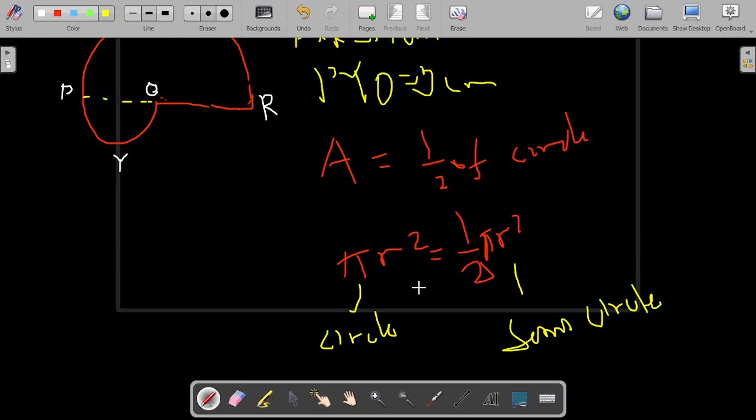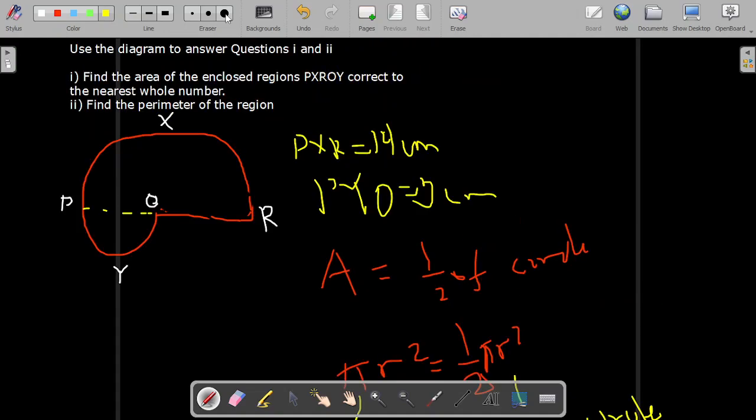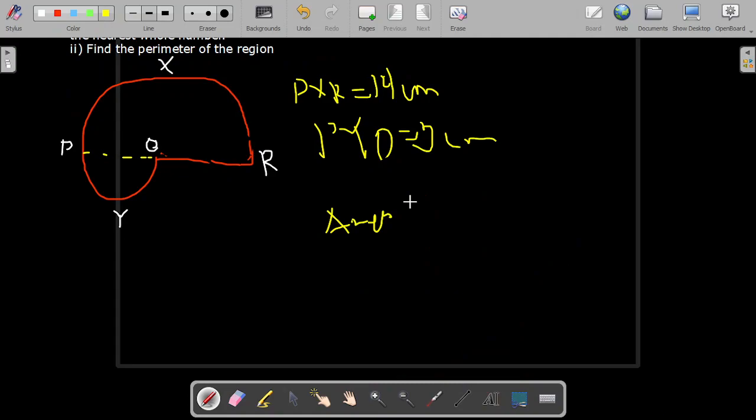Now let's include the formula here. Let's get the area of the semicircle for PXL first, which, as we've been told, is 1 over 2 pi r square.